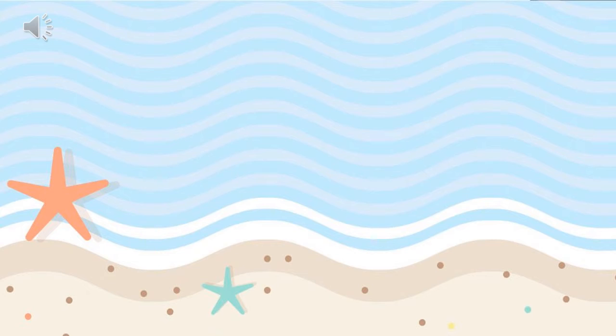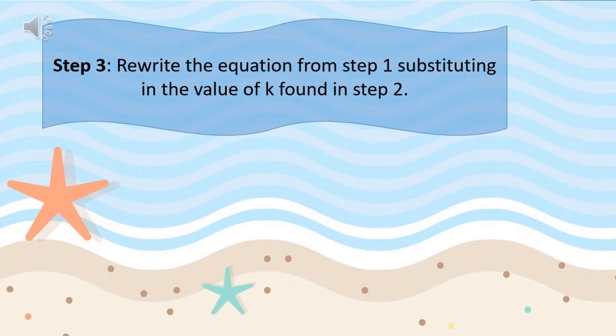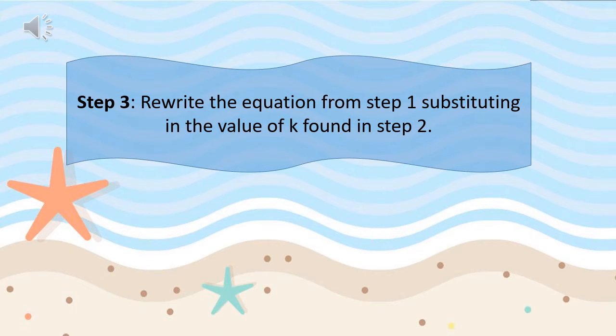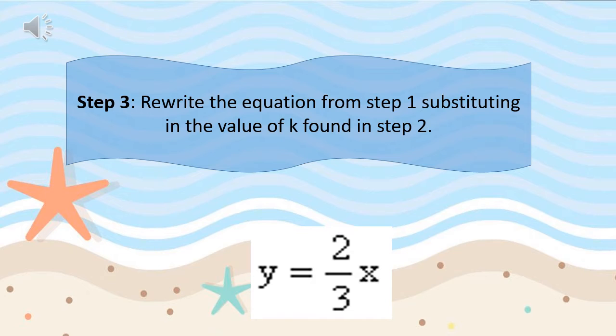So let us see what will be the third step. Rewrite the equation from step 1 substituting in the value of k found in step 2. So our step 1 was y is equal to kx. Next we found the value of k. So we will just substitute. We will get the new equation, that is y is equal to 2 upon 3x.